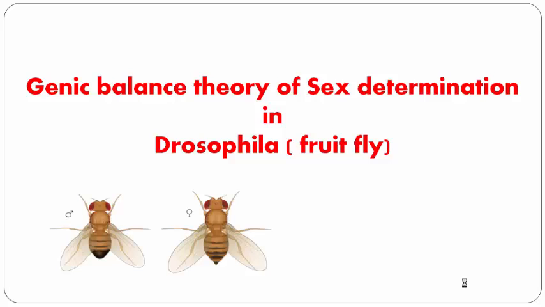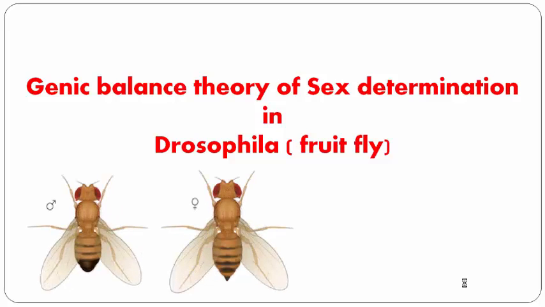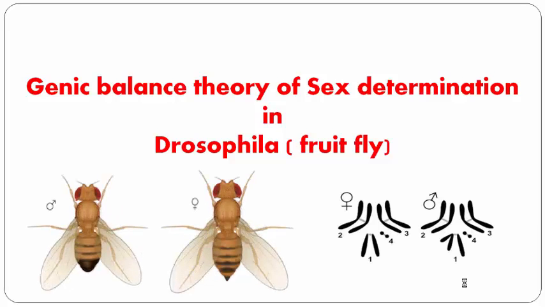that is Drosophila. Fruit fly possesses 3 pairs of autosomes and 1 pair of sex chromosomes in diploid cell. The sex chromosomes are XX and XY.